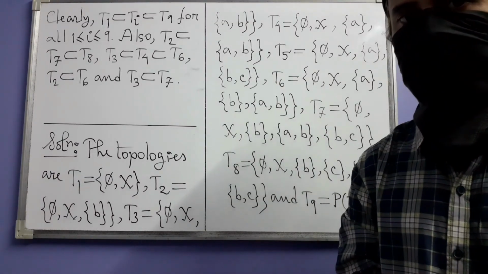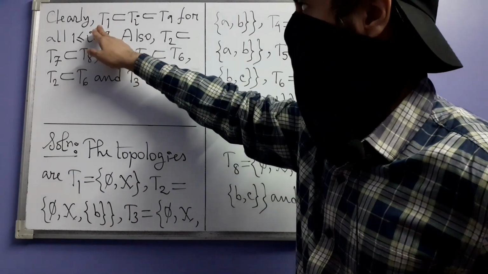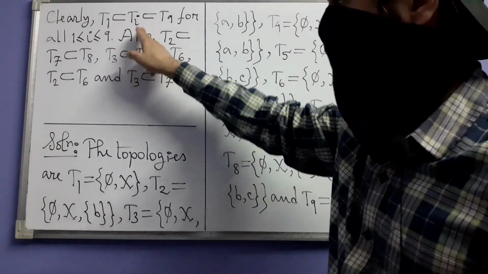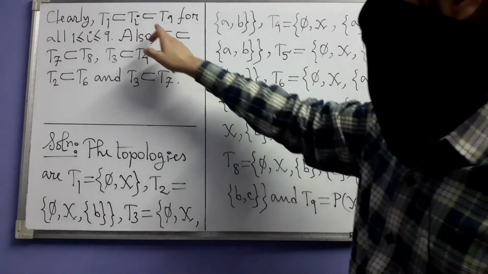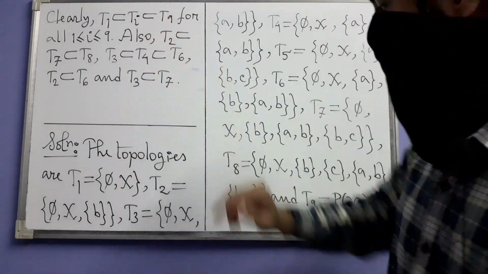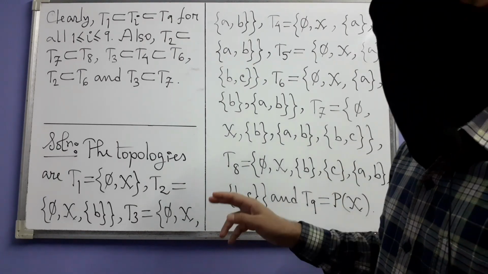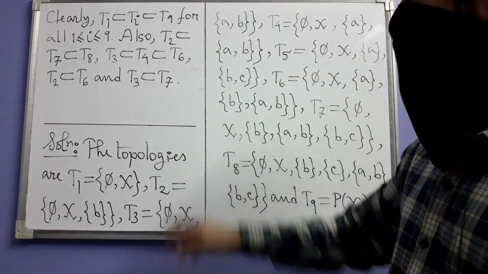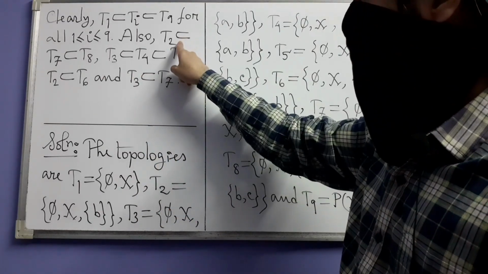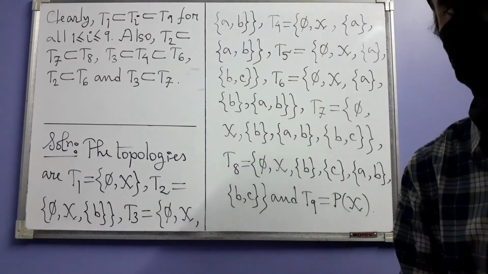So we first write down the obvious, namely that T1 is coarser than every topology Ti here in this list, and Ti is coarser than T9, the finest one. Also there are other comparisons like this. T2 is coarser than T7, which in turn is coarser than T8.